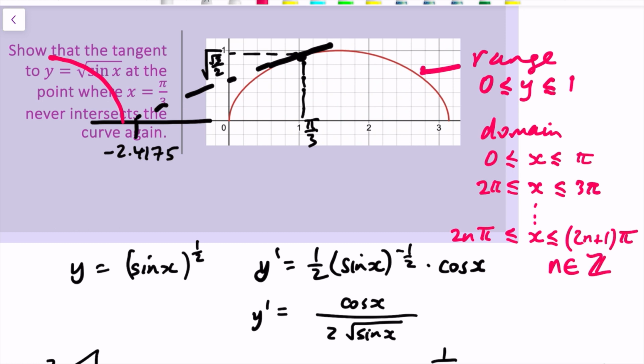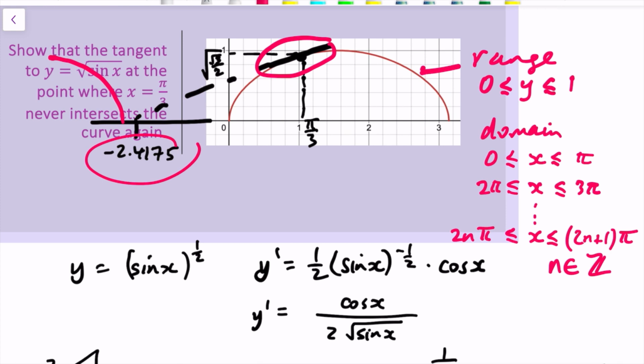And we just say that minus 2.4175 is not in the domain of the function. Therefore, it's not cutting the curve again. Okay, the tangent only touches once at that position, and then it's not possible because it hits the x-axis before the function root sine x kicks off again.